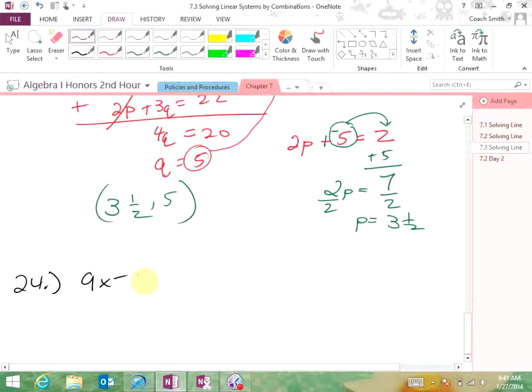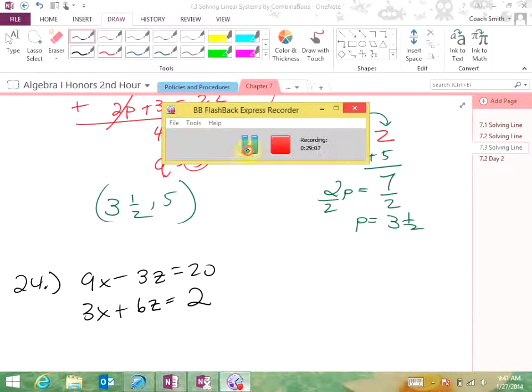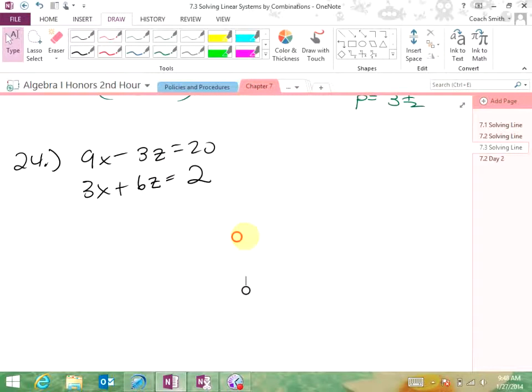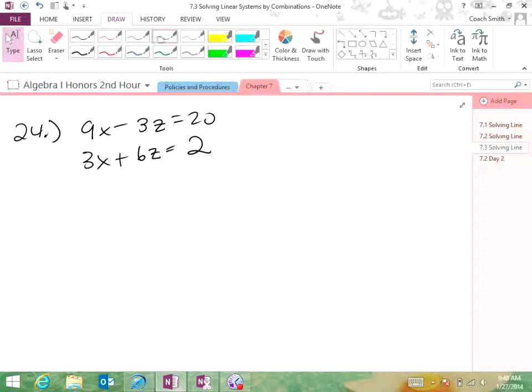9x minus 3z equal 20, and 3x plus 6z equal 2. Let's look at this one. As I stated, there's two different ways you could do it. Probably the easiest way is just to multiply everything by 2 here.